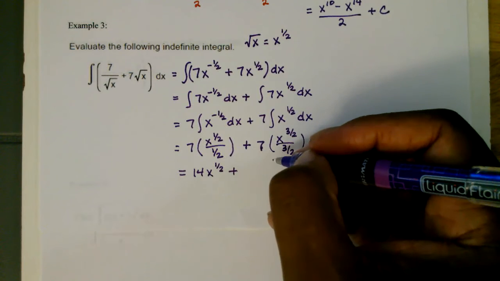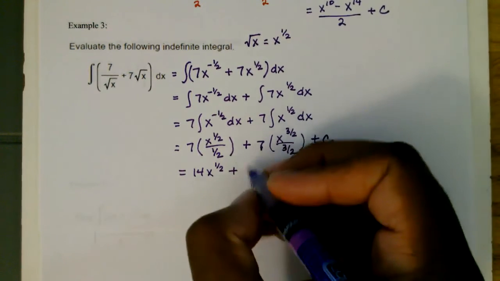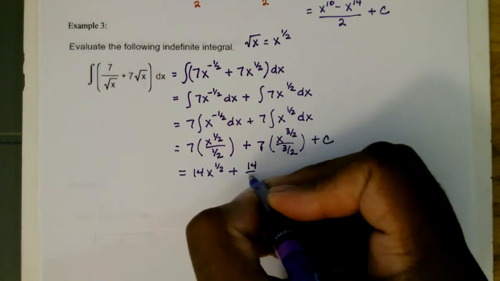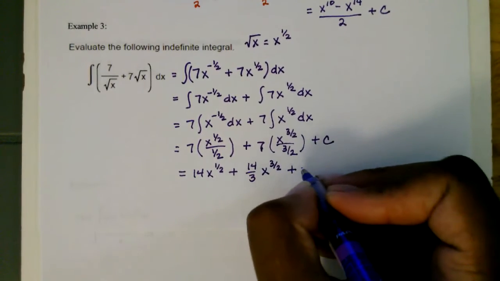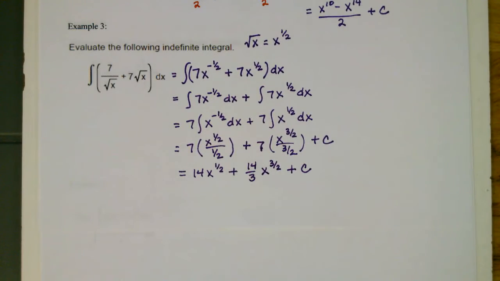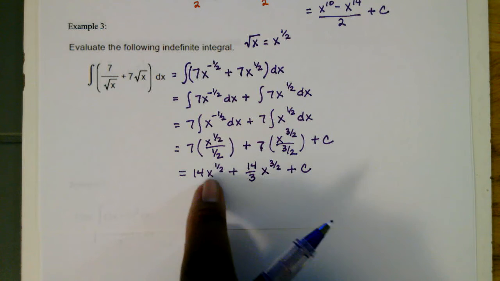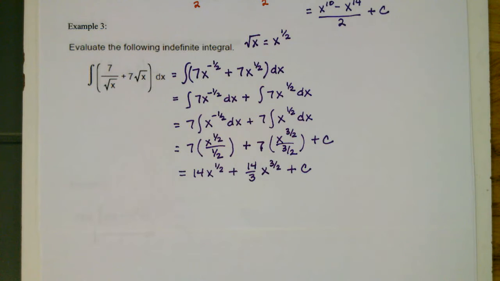So 2/3 times 7 over 1 would be 14/3 times x to the 3/2, and then plus c. Now, I believe in the homework, they might just want you to leave it like this using just rational exponents.